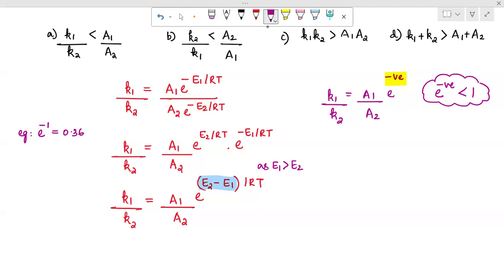Let's say I put e to the power minus 0.1. Again, this is a negative number, and what I'm getting is 0.904.